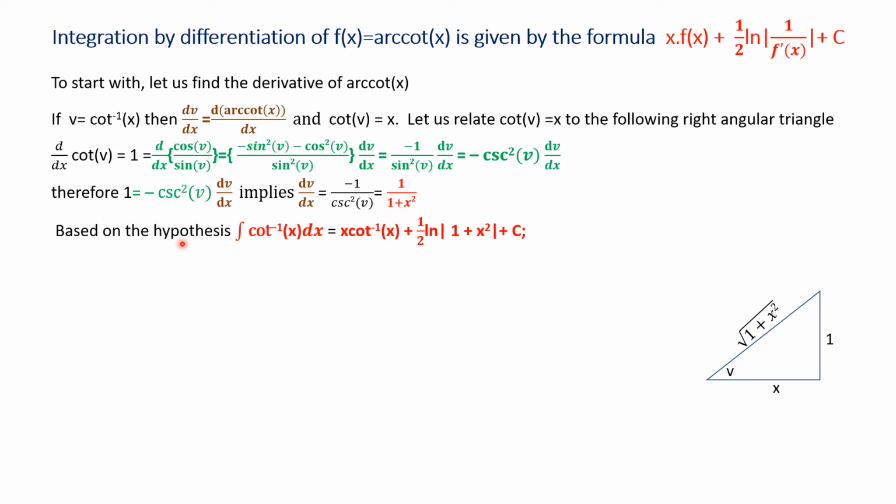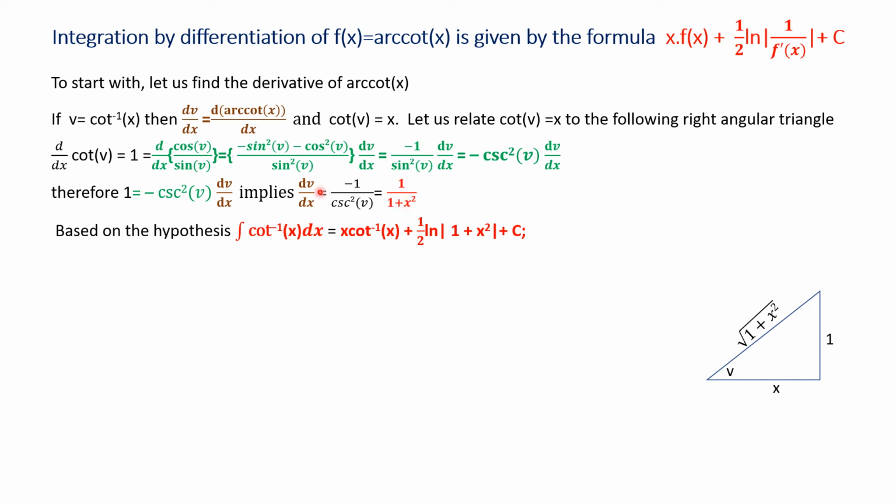Based on our hypothesis, integration of cot inverse of x dx equals x multiplied by cot inverse of x plus half ln of the absolute value of 1 divided by f prime of x. So f prime of x, that means dv by dx, and we showed that dv by dx is equal to 1 over 1 plus x squared.